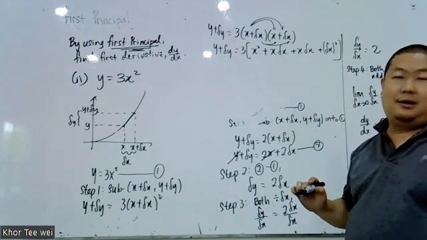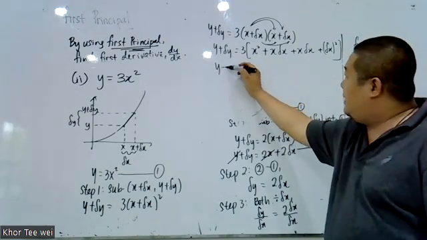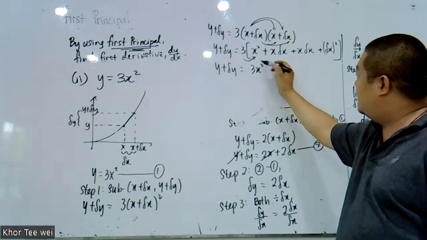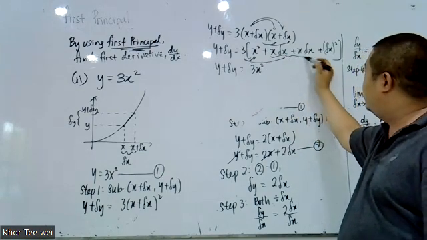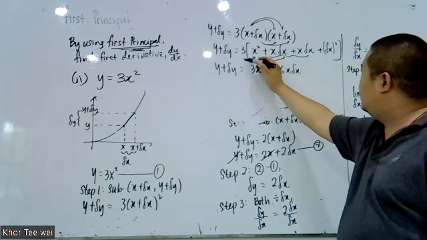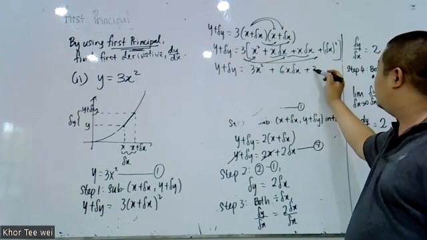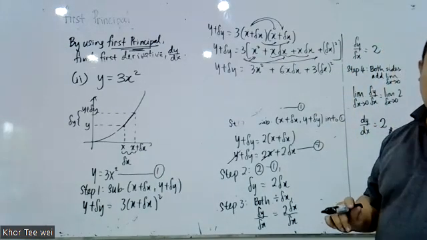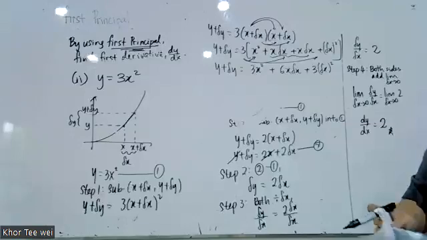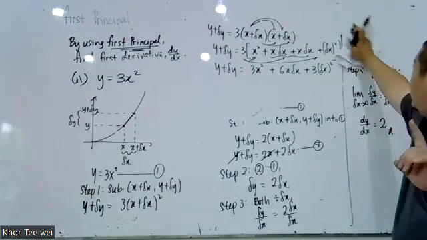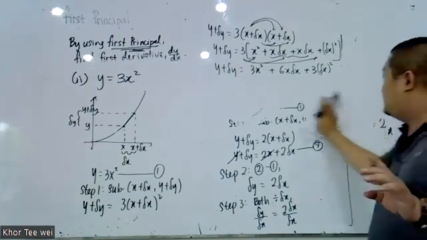Then y plus delta y equals this one times 3: x squared, you get 3x squared; this one gives 6x delta x; this one gives 3 delta x squared. So remember, that is step 1.